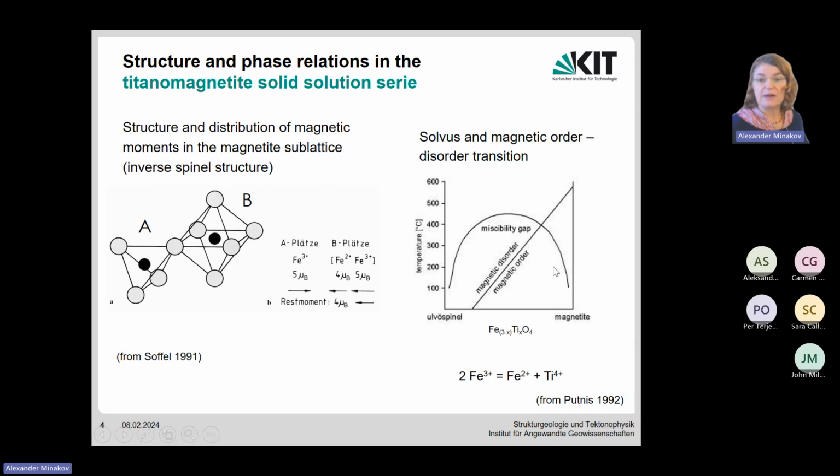Only if you have some special things, subaerial emplacement, degassing, you might have some exsolution features, and you do not have this original titanomagnetite composition.